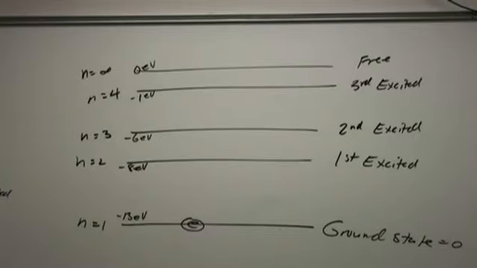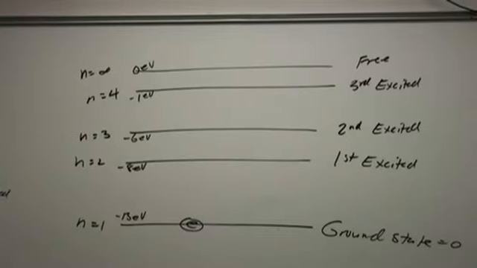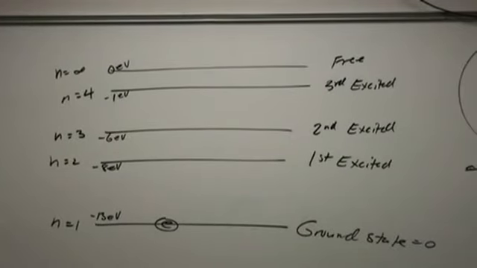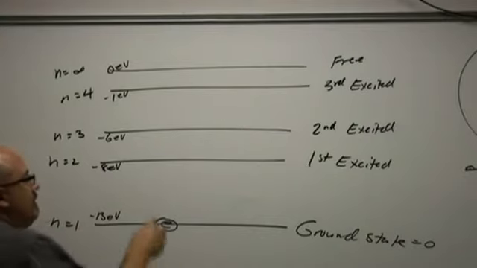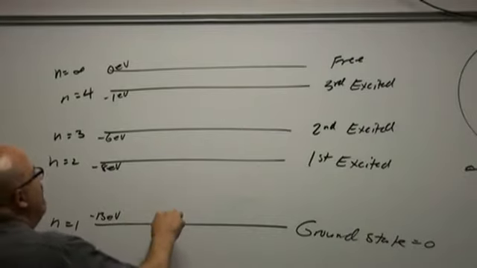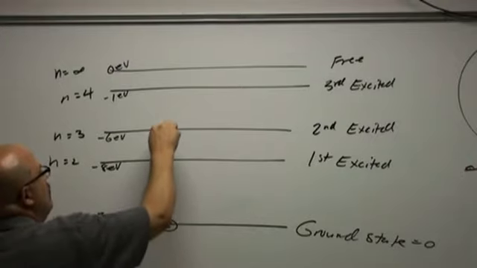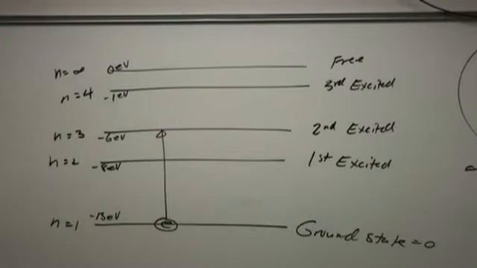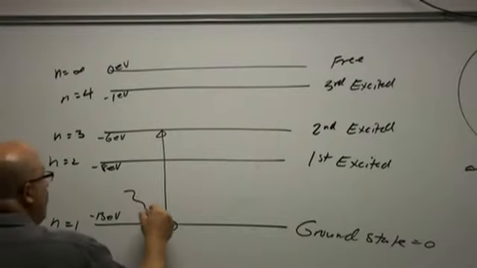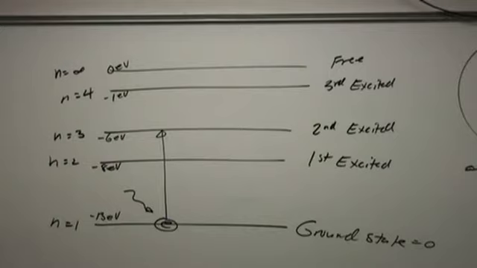They're trapped inside the atom. If they have zero kinetic energy, they're free. If they have positive kinetic energy, they're free and moving. If they have negative energy, they're trapped in the energy well. All right, so tell me this. If I want to take this electron from here to the second excited state, or n equals 3, what photon is required?